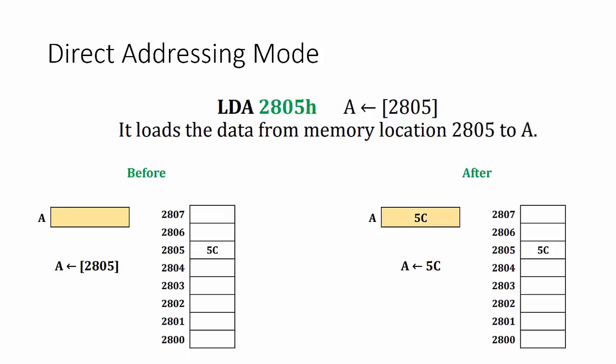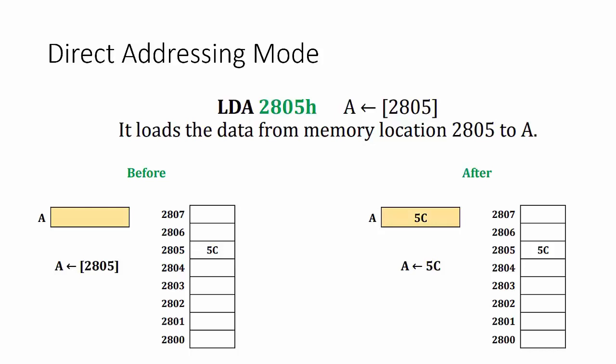So here is the instruction LDA 2805H. As I already told you, this is the predefined instruction that simply loads the accumulator. In the direct addressing mode, the address part contains the address of the operand.